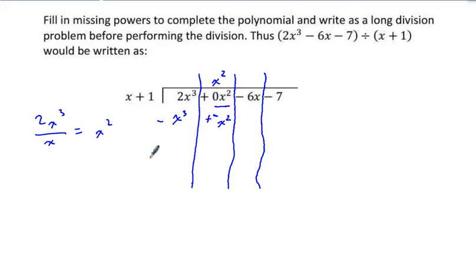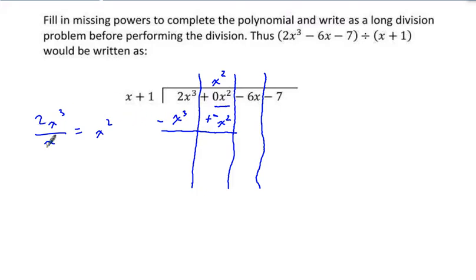This now becomes a minus. And 2x cubed minus x cubed is not 0. Uh-oh. This tells us we've made a mistake. When subtracting, this first term should cancel completely if our division was correct. So let's go back and take a look at the division.